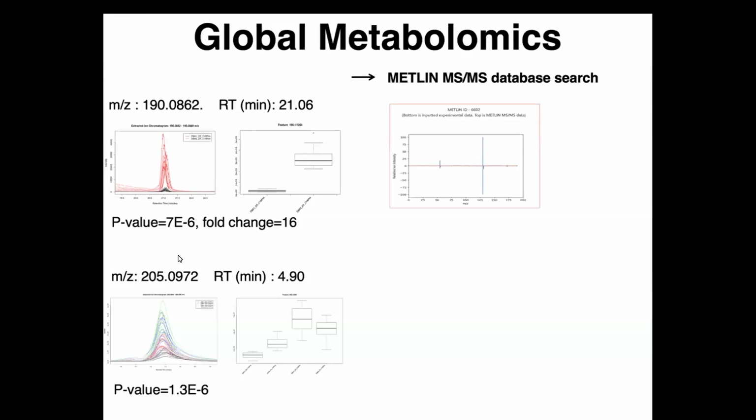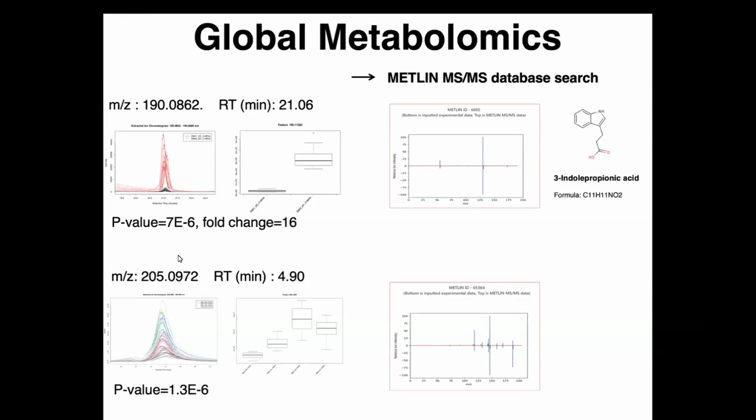And here is the METLIN hit for the feature m/z 190, and here is the METLIN hit for feature m/z 205. In the METLIN hit for feature m/z 190, the top spectrum is the METLIN MS2 of 3-indolepropionic acid, and the bottom spectrum is the experimental MS2 of m/z 190.